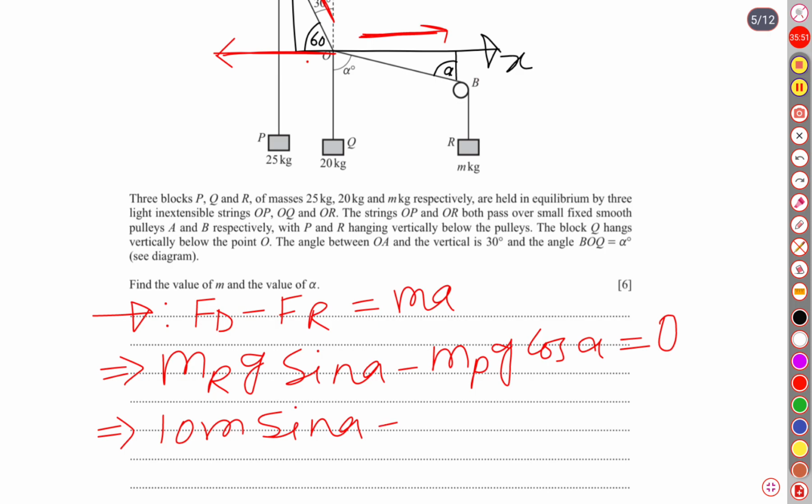Sine alpha minus, the mass of particle P is 25, so it is going to be 25 into 10, and cos alpha. Sorry, not cos alpha, it is 60 degrees. Here we made a mistake. It should be 60 degrees, not alpha. Here the angle is 60 degrees, so don't get confused.